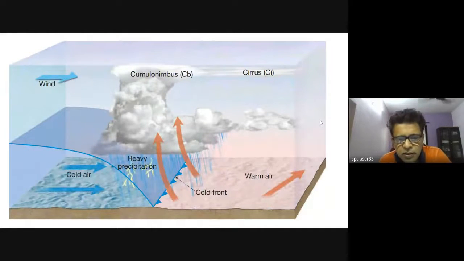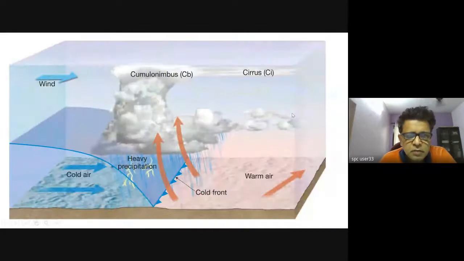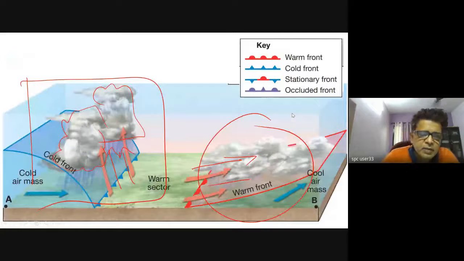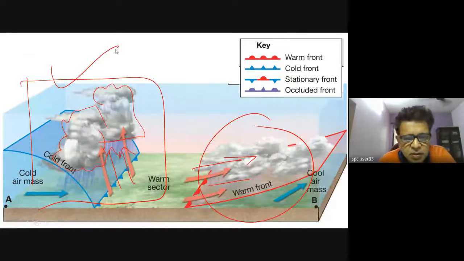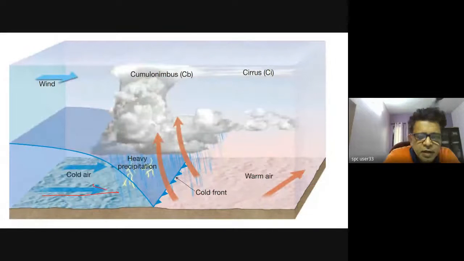Now, see what actually is happening. When we spoke about what should be happening at this particular point, it's the same thing. And last thing, you'll see that the cold front gets very aggressive. It pushes itself here.